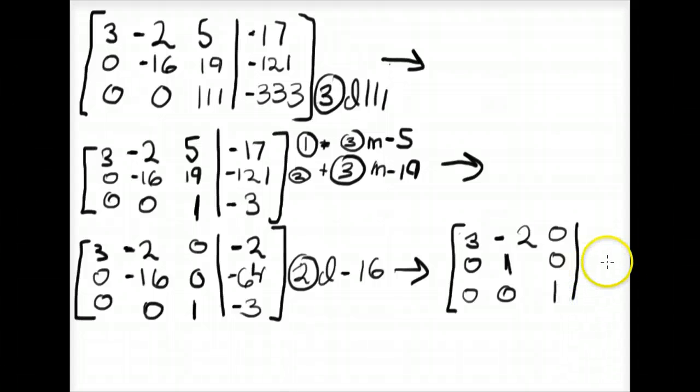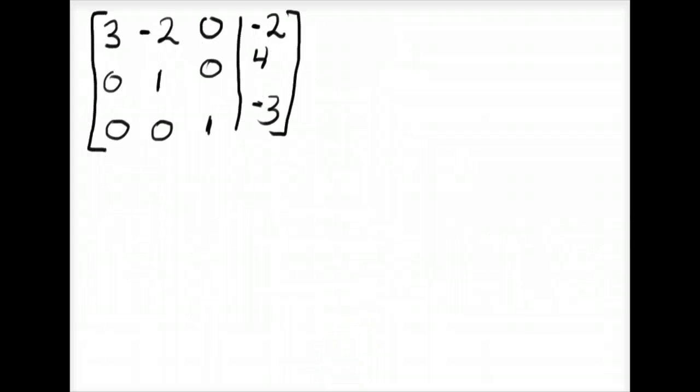So we'll have -2, and then this will become +4, and then this is going to stay as -3. So now we've solved for both z and y, because we have 1y equals 4, so y equals 4, and z equals -3. So now we're left with just the 3x minus 2y equals -2. x is the only variable that hasn't been solved for.